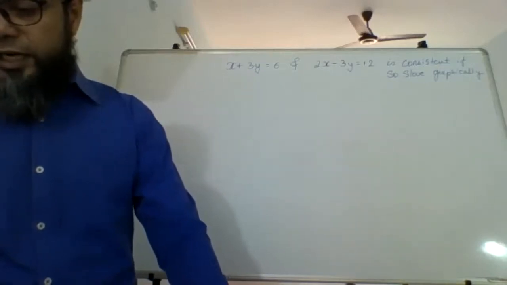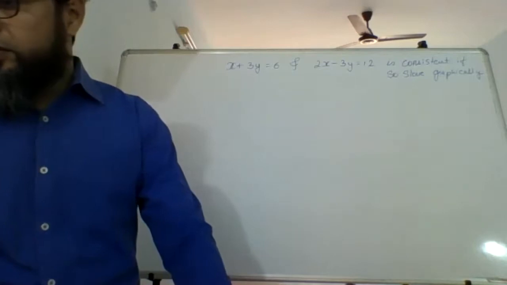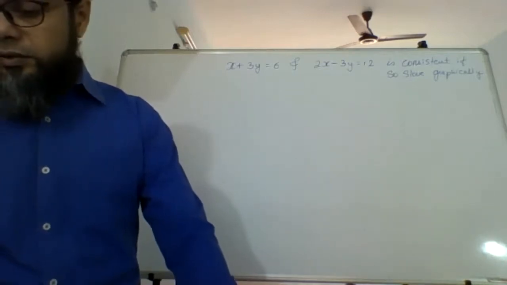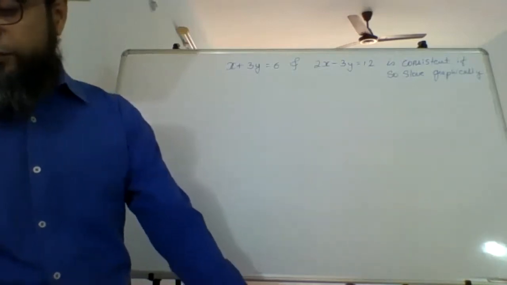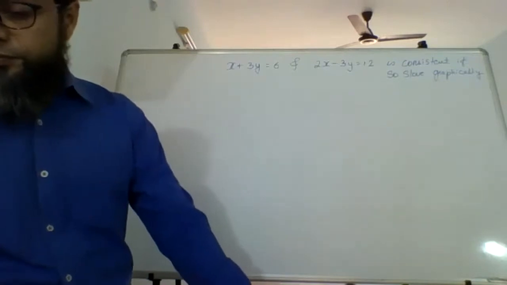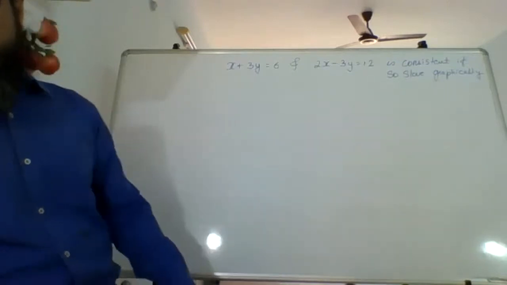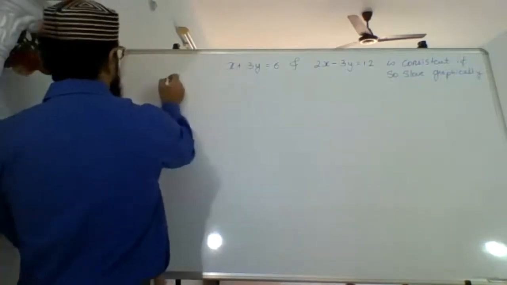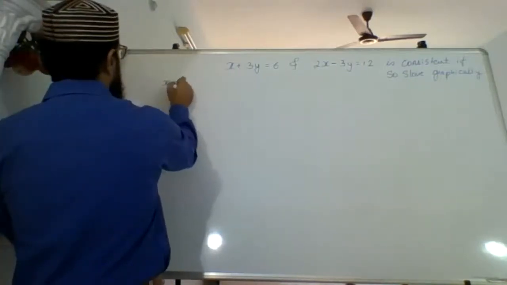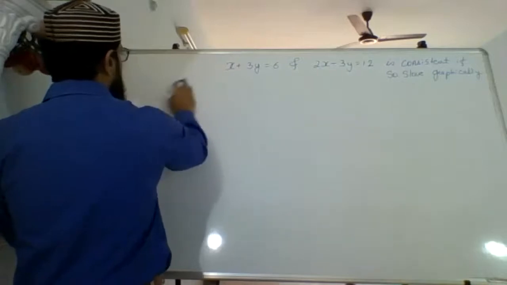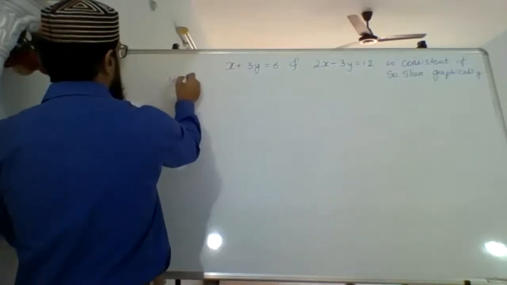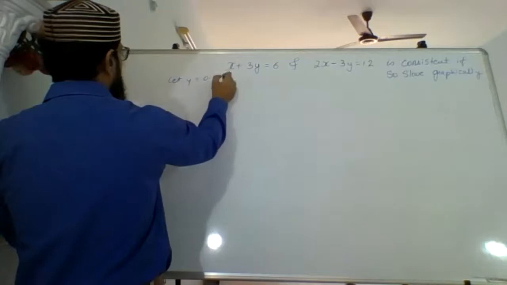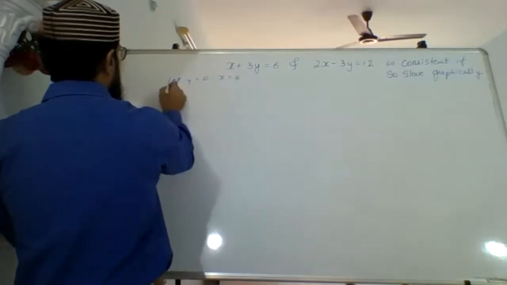So let's see. We have to plot this and we have to do this fast, because as I said, we have to do 3. So I'll take x plus 3y equal to 6. Let y equal to 0, so x equals 6.